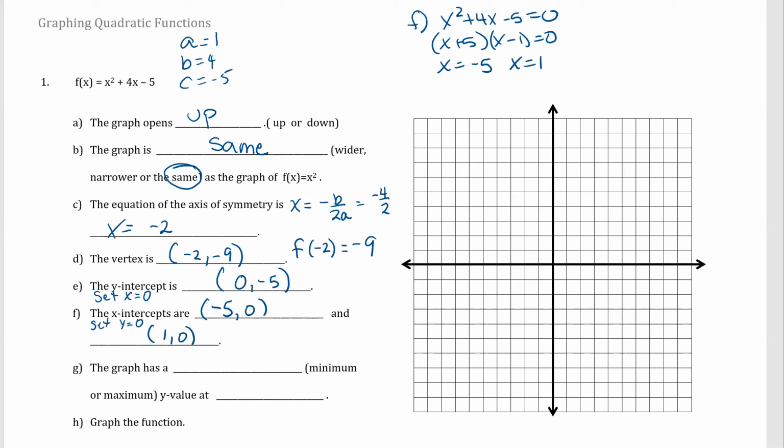Since the graph opens up, the graph will have a minimum value, and that minimum value is the y value of your vertex, which is negative 9. Plot the points and graph it.